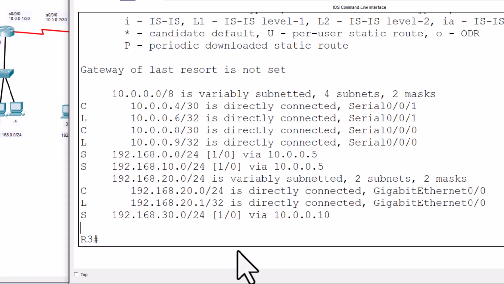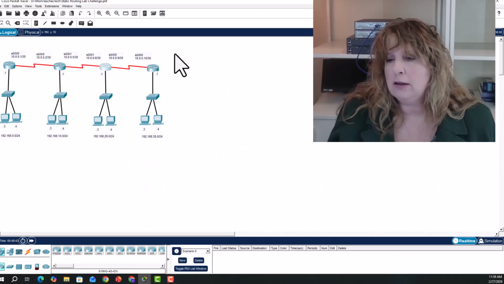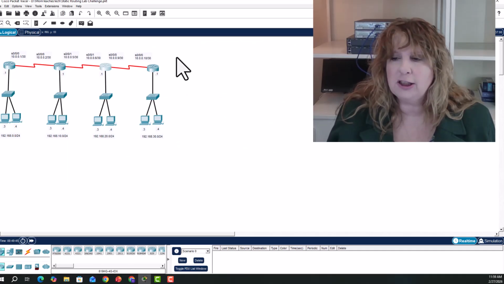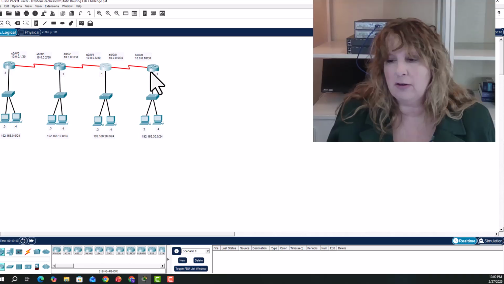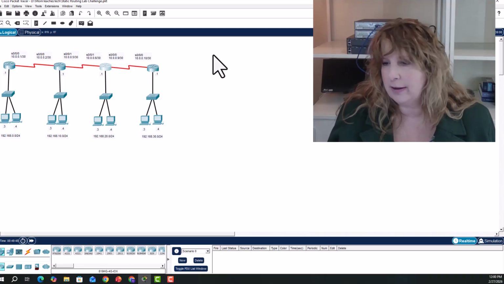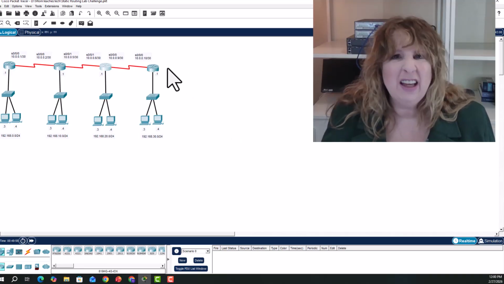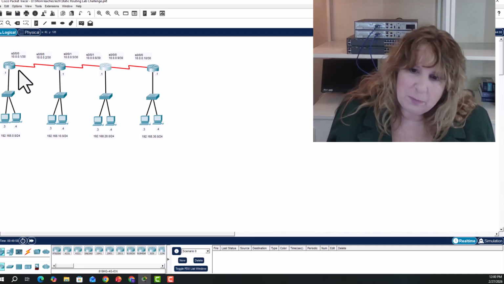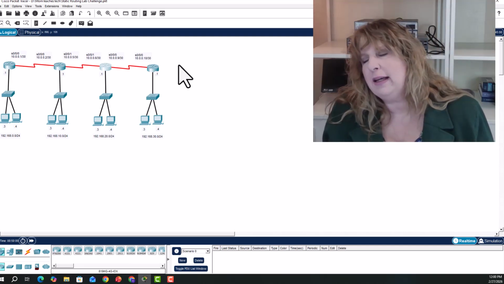Now, it isn't always the case that to have a static default route, you need to be on a stub network. For instance, if we had the connection to the internet over here off of router 4 that I didn't name, then every router would point to the right here.